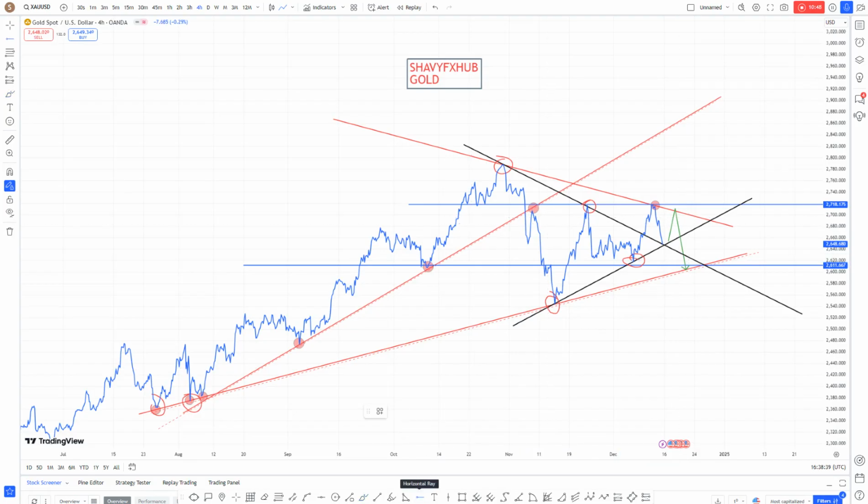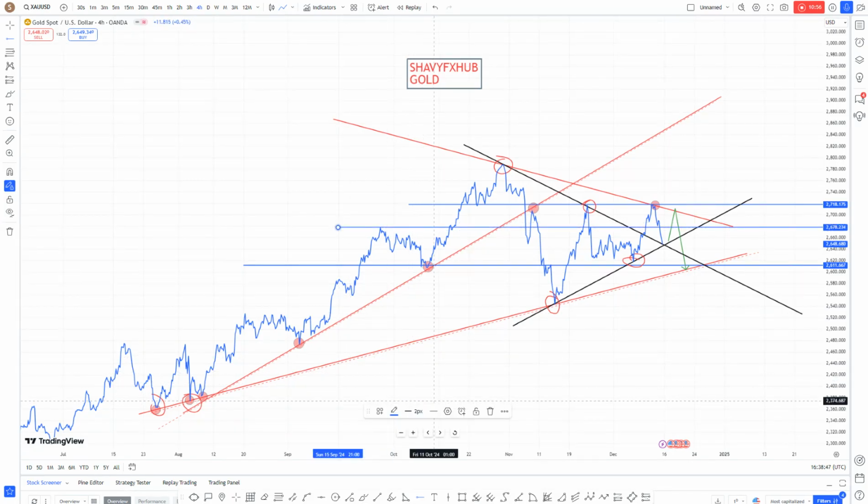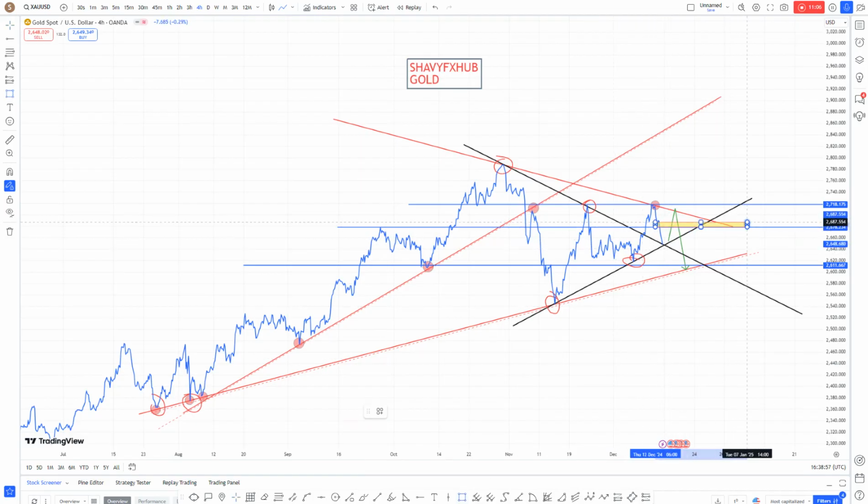So if that happens, then the next thing we begin to target is to see if it is possible for price to return here at 2,678 level. If price returns there, we will have no option but to sell the market at that level.